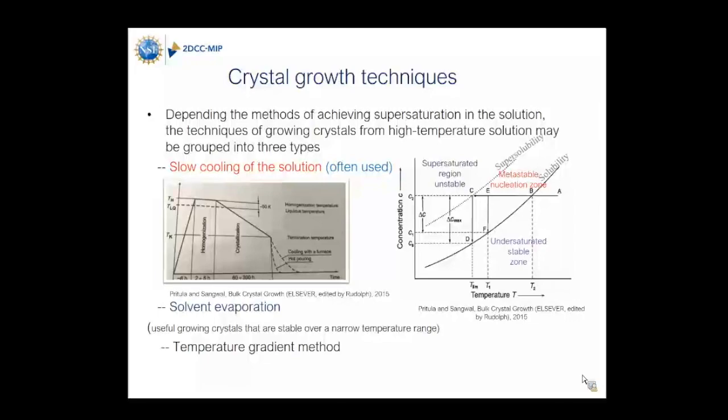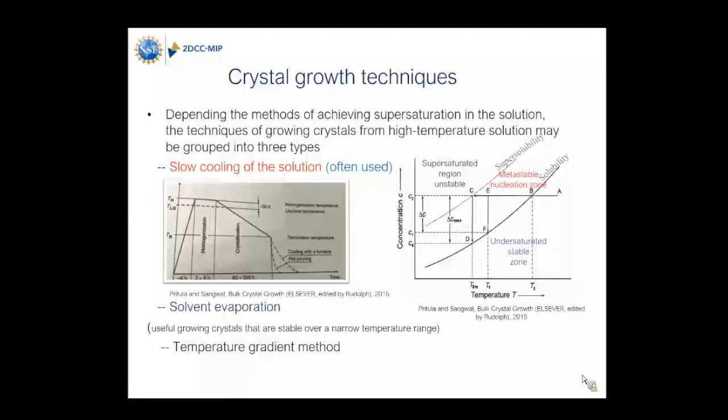If polycrystalline material is made and you know its melting point, you just increase the temperature about 50 Kelvin above its melting point, so the polycrystalline material will melt. But the temperature needs to be higher to get a more homogeneous liquid. 50 Kelvin usually is high enough for getting a homogeneous solution, and then you do very slow cooling.